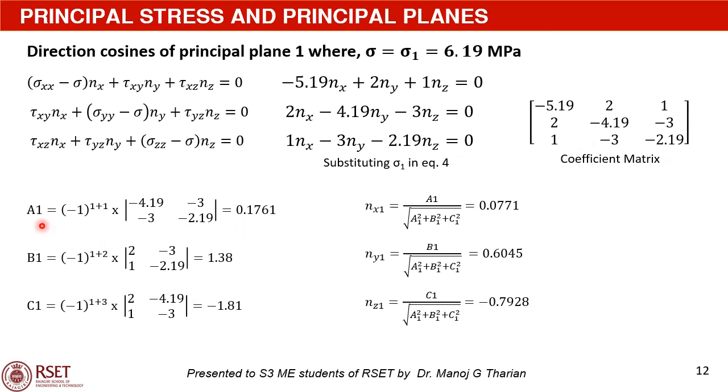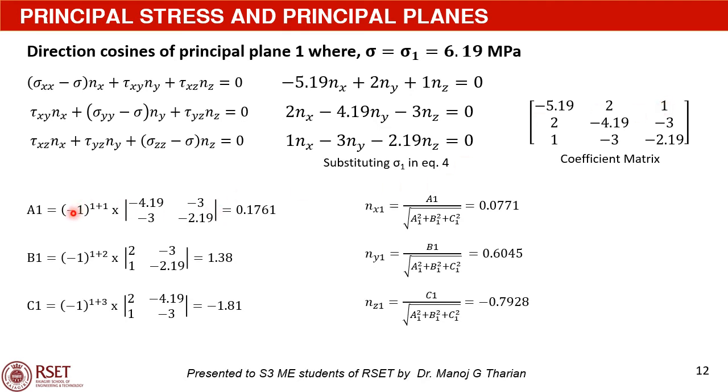Here a1 represents the cofactor of the first element in the first row, first column, that is the element whose i is equal to 1, j is equal to 1. b1 represents the cofactor of the element for which i, the row number, is 1, and j, the column number, is 2. c1 represents the cofactor of the element whose i, the row number, is equal to 1, and j, the column number, is equal to 3.